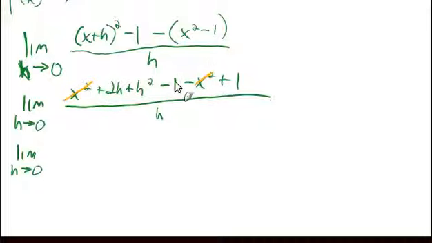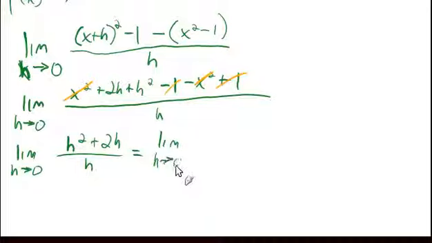Those guys are gone. Negative 1 plus 1. This is going to be an all too eerie coincidence that happens every time, or a lot of times, you do one of these. Only the things with h's in them are left. So we get h squared plus 2xh over h, and so we're going to factor out an h in that expression. h times h plus 2x over h.